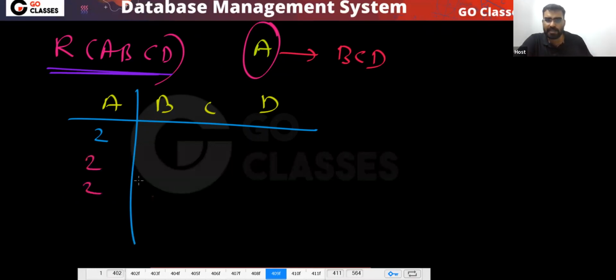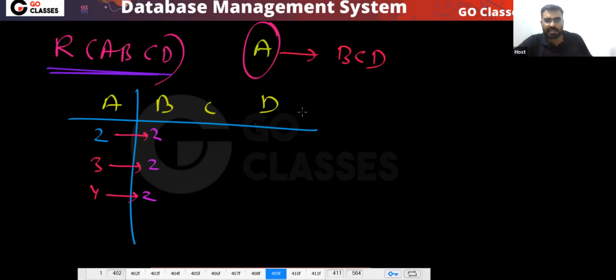Because it is not repeating, tell me, is this redundancy? This is not redundancy. Why? Because this is the unique data for this.